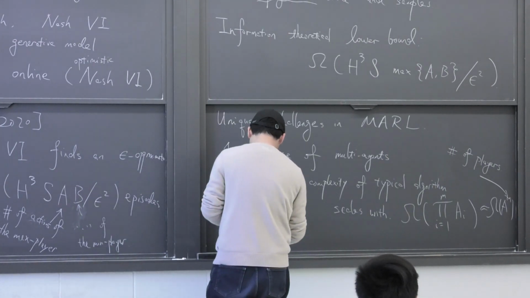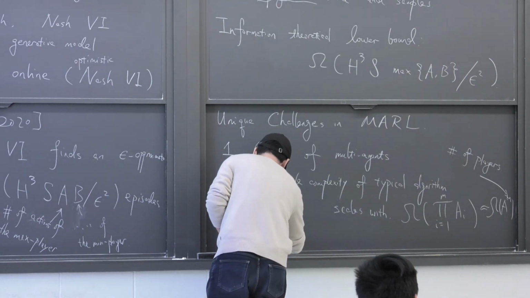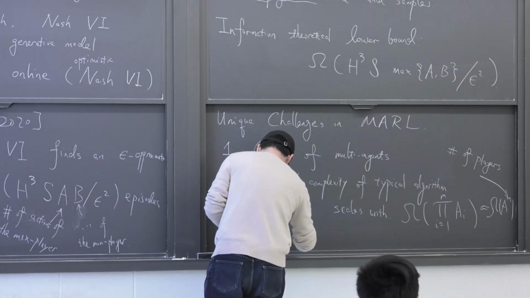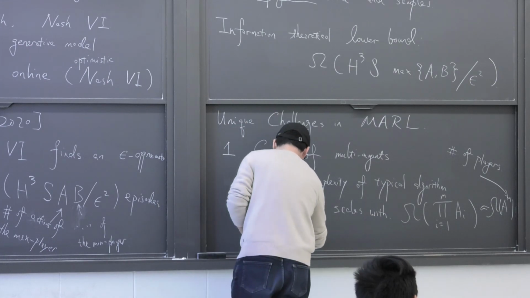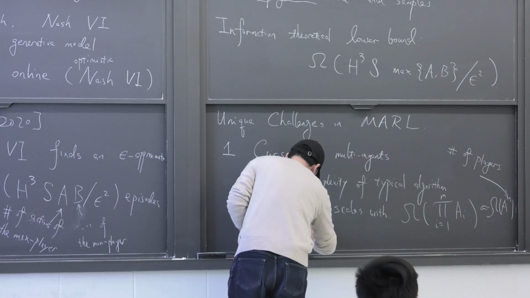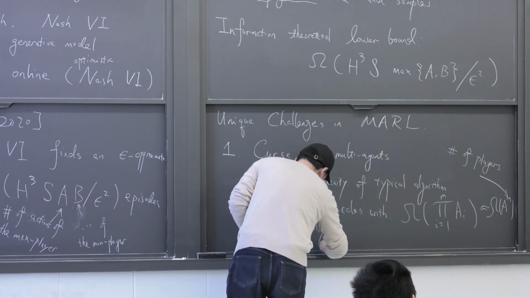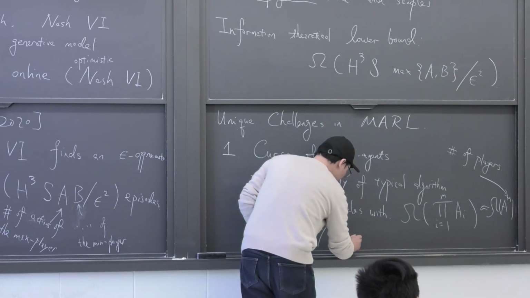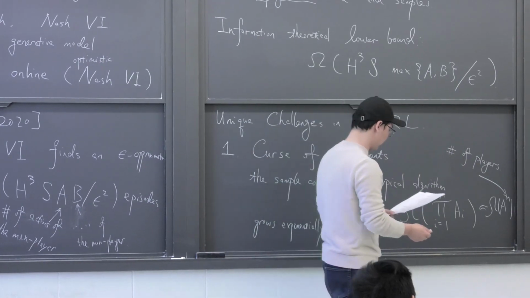The bad thing about this is you can clearly see it grows exponentially in m, the number of players.